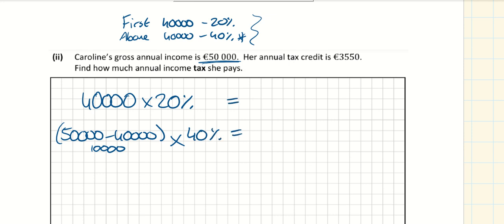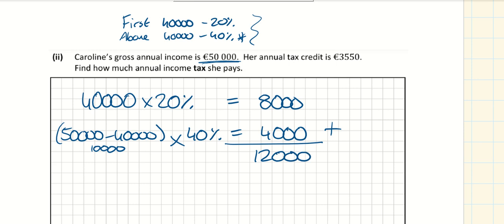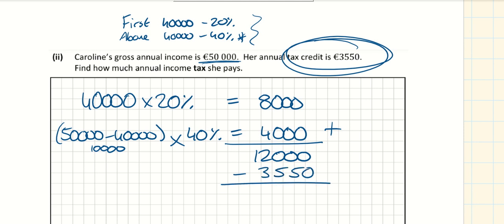So the lower tax, she's going to lose 8,000 of that. And on this one, she is going to lose 4,000 of that. So that means her total tax, when we add these together, will be 12,000. However, again, we see annual tax credit here. So that 3,550 needs to come off and she is going to be left with 8,450 in tax.